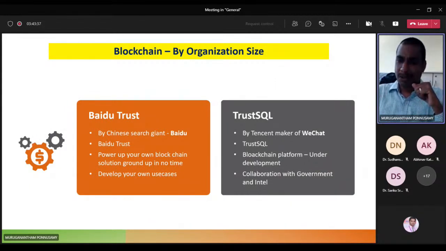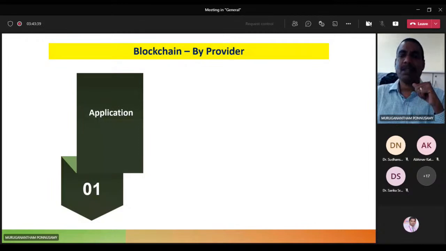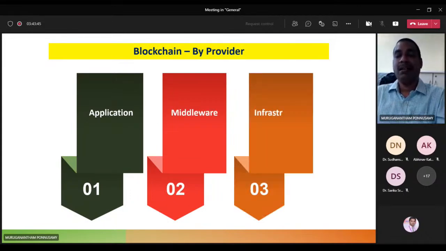If you are looking at the provider side, whether they are providing an application, middleware, or infrastructure, what is the item they are going to provide?